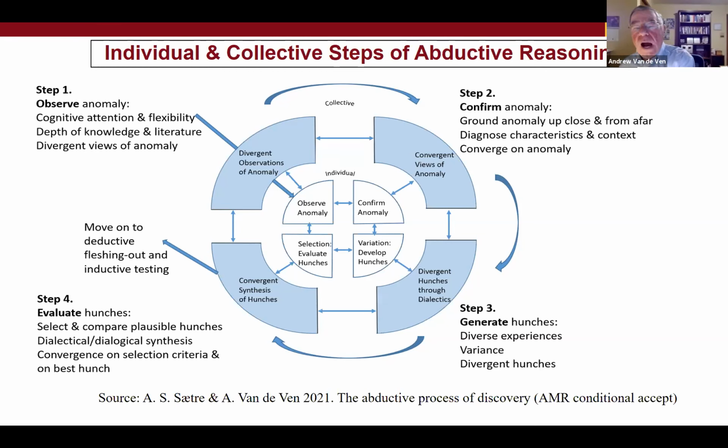It's a phenomenon, an anomaly that seems to justify undertaking significant study. And by diagnosing the characteristics and the context, we then begin to obtain literature from others and findings and observations from colleagues, who in turn provide the basis for confirming your anomaly.